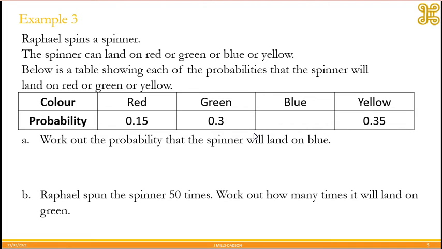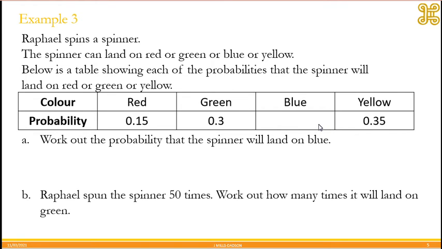Now, we have probability in a table form. So here, Raphael spins a spinner. The spinner can land on red, green, blue, or yellow. Below is a table showing the probabilities that the spinner will land on red, green, or yellow. So blue is missing. We need to work out the probability that it will land on blue.